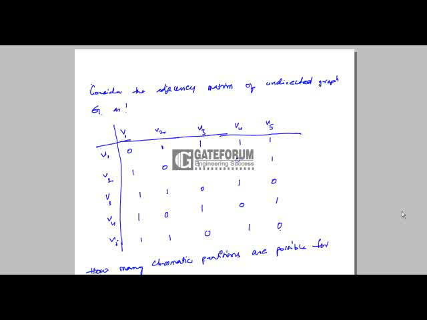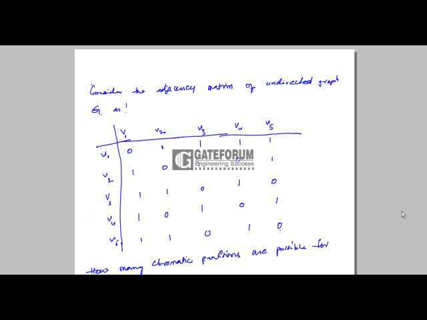In order to solve this problem, first we need to know what a chromatic partition of a graph is. A chromatic partition of a graph is partitioning all vertices of graph G into the smallest number of disjoint independent sets.